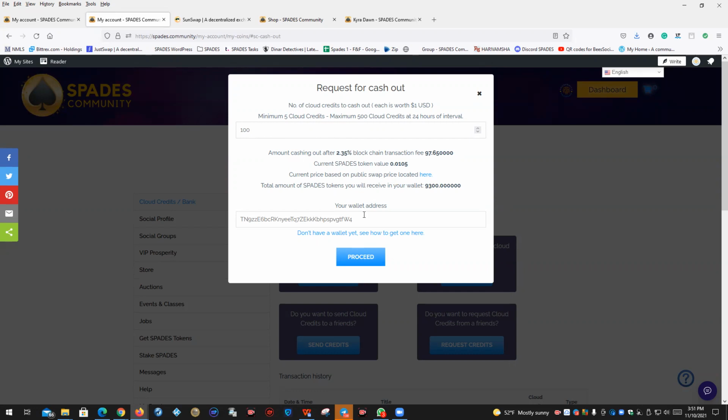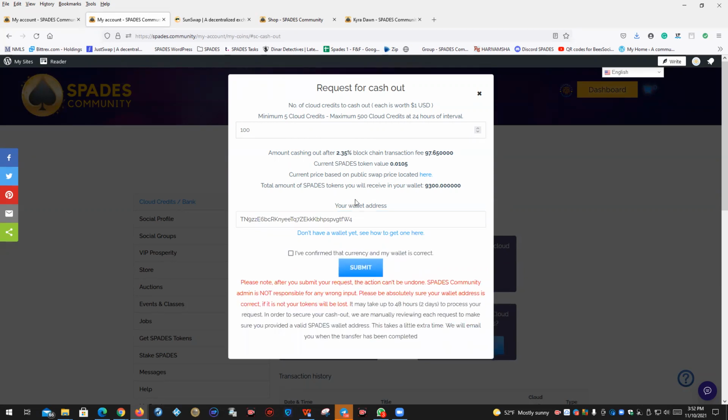Where are they going? They need to go to your wallet address. You need to put your SPADES wallet address in here. If you don't have a wallet address, click right here and it will show you how to get your own wallet and easily set it up. So then we're going to proceed.